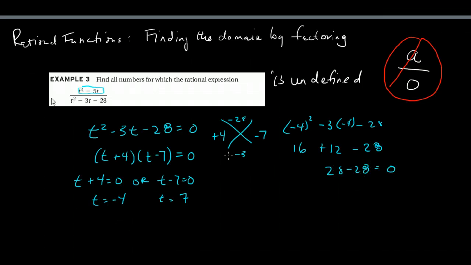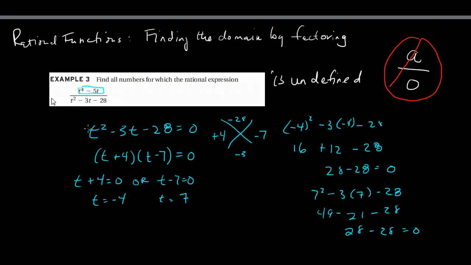So that's bad. We don't want t to be negative 4. Let's try 7. That'll be 7 squared minus 3 times 7 minus 28, or 49 minus 21 minus 28, or 28 minus 28, and that's again 0.